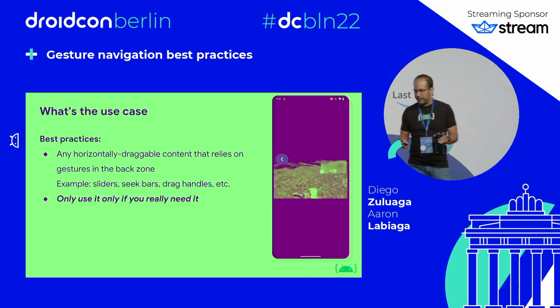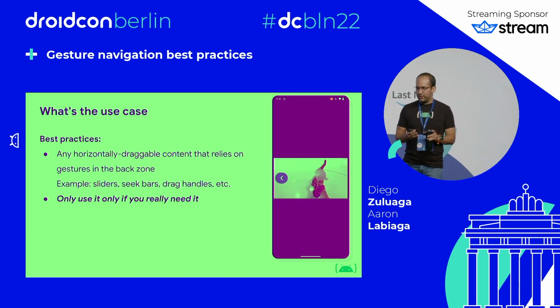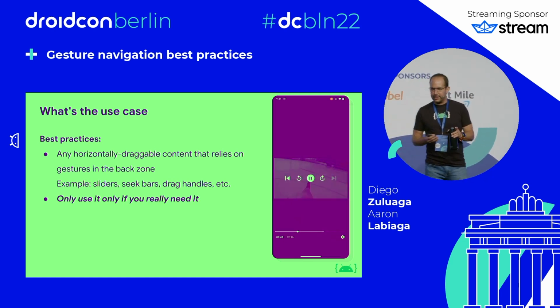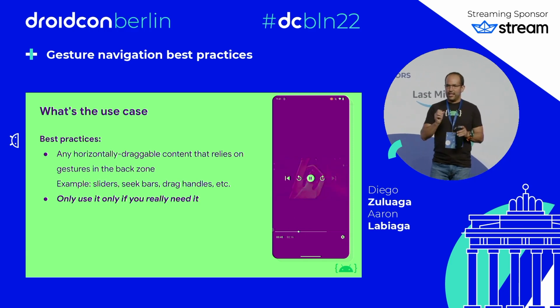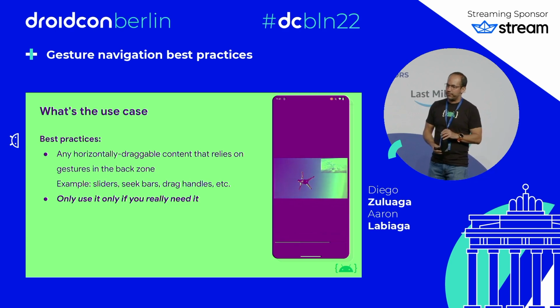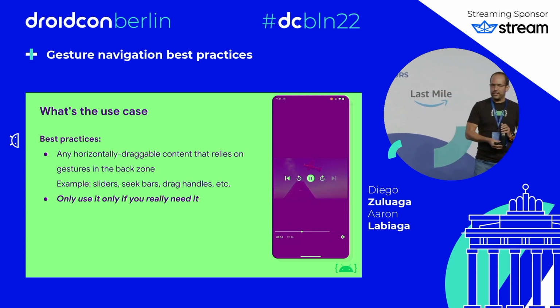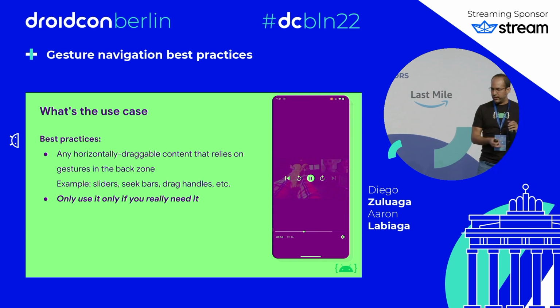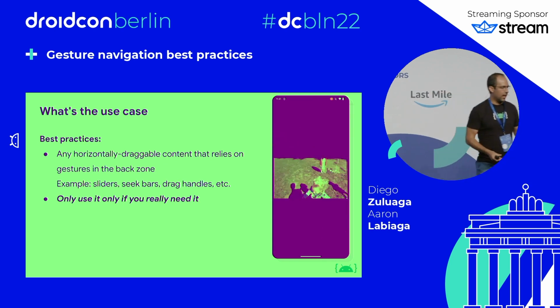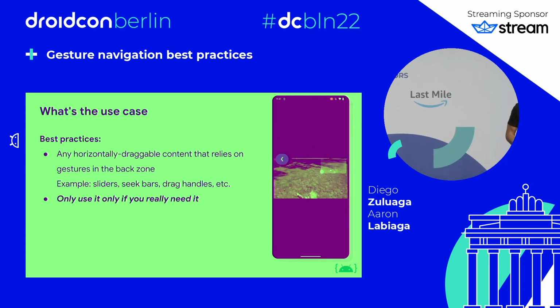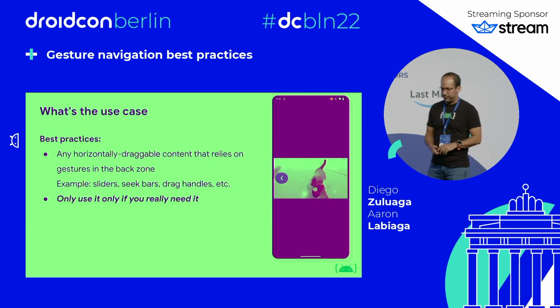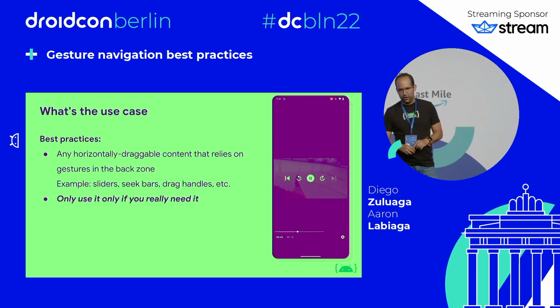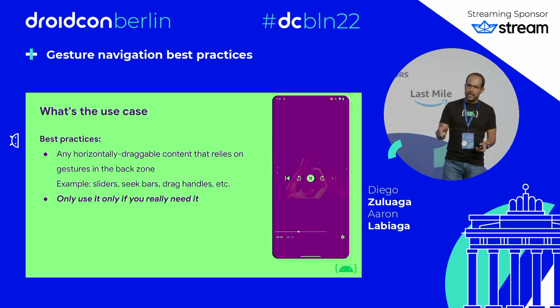The use case is apps that use seek bars, sliders, and drag handles, and in this case, you are able to exclude regions of the screen to remove the back gesture. So when the user interacts with the gesture navigation, the back gesture doesn't go back to the previous fragment or activity, right? So this is a very tricky API.